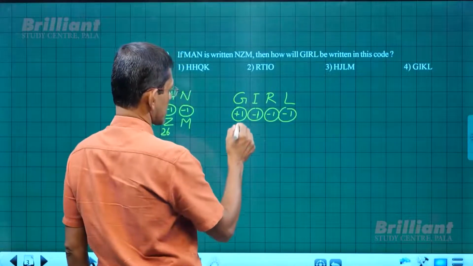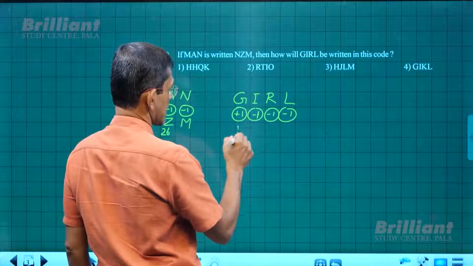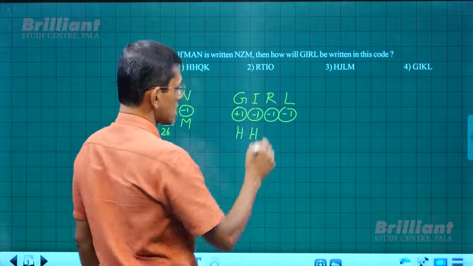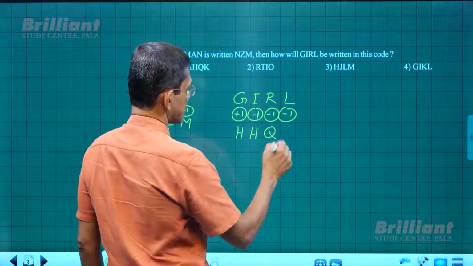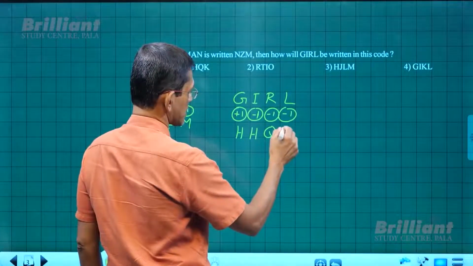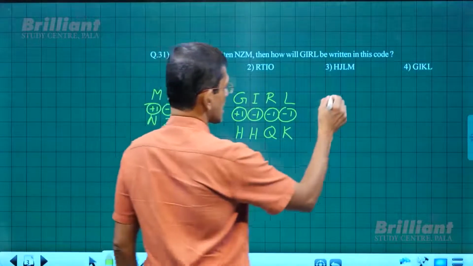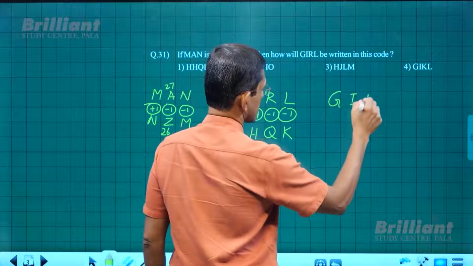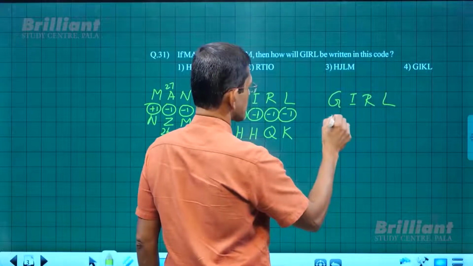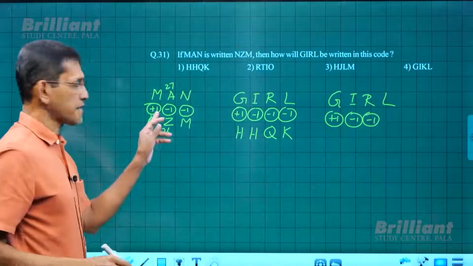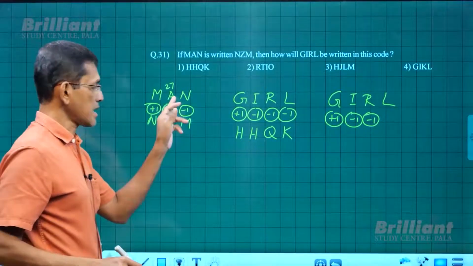Let's check it out. So we have G plus 1, H. I minus 1, H. R minus 1, Q. And L minus 1 must be K. So that's one of the answers. The other possibility we have for girl is plus 1, then minus 1, minus 1, exactly what we had in the previous pattern for man.